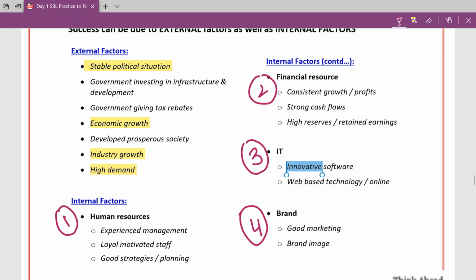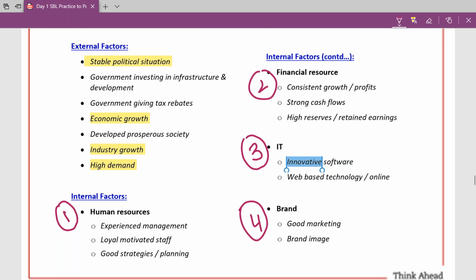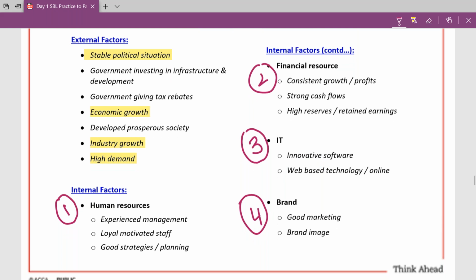You need to memorize these 4 things. Whenever we talk about internal resources, immediately 4 things should come to your mind: human resource, financial resource, IT, brand. Come on, repeat with me: human resource, financial resource, IT, brand. One more time: human resource, financial resource, IT, brand. Please memorize these four things.